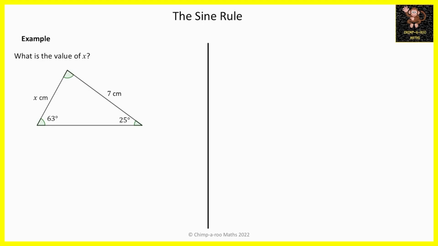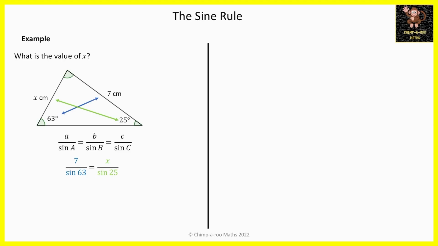Remember, the side and the angle opposite is what we need. So using those two, this formula, a over sine A equals b over sine B equals c over sine C. We've got here 25 degrees opposite side x and 7 centimetres opposite an angle of 63.